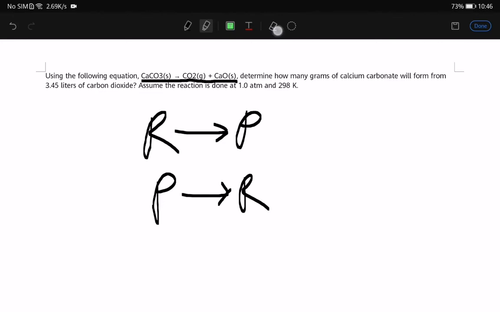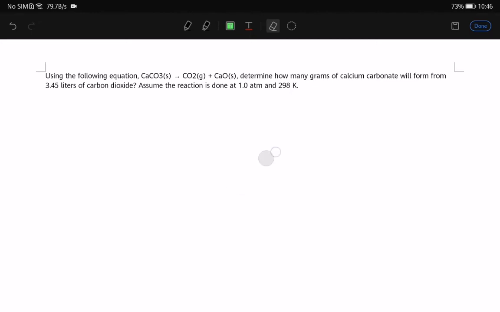So the first thing we need to do is to analyze if balanced na ba, if the equation is balanced. So we have one calcium on both sides. We also have one carbon, and I think we have 3 oxygen on each side. Right? So let me read the problem again.